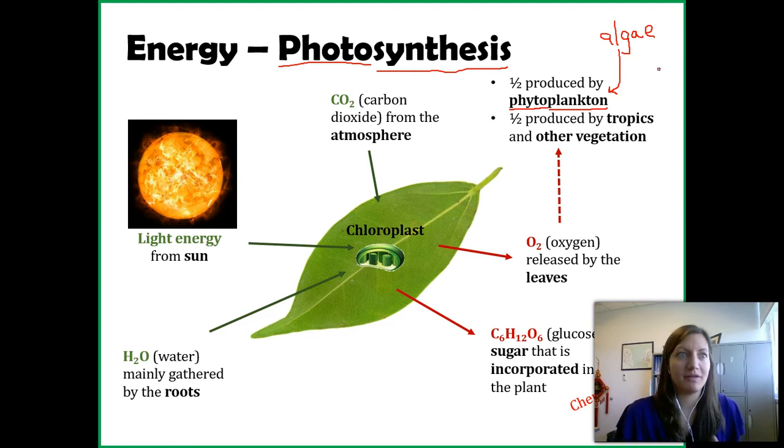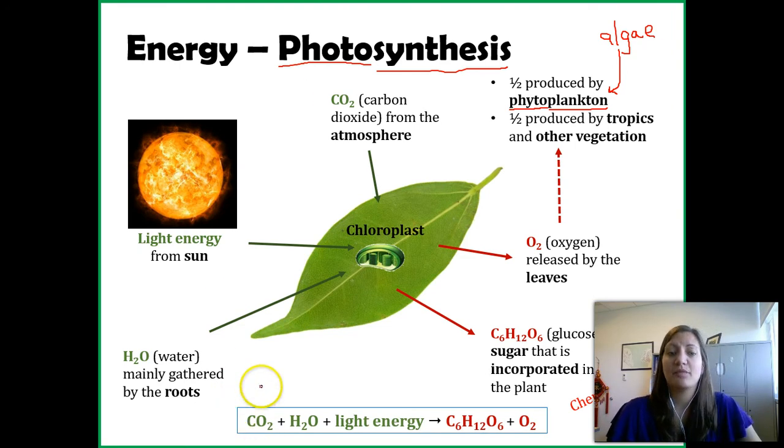And the other half coming from our land plants. So although you and I see land plants everywhere, and they do contribute a good amount of oxygen, just don't forget about the oceans. Don't forget about our rivers and our ponds. They have so much life in there that is also undergoing photosynthesis, also creating sugars, also creating oxygen, and creating so much oxygen so that we can live here on Earth.